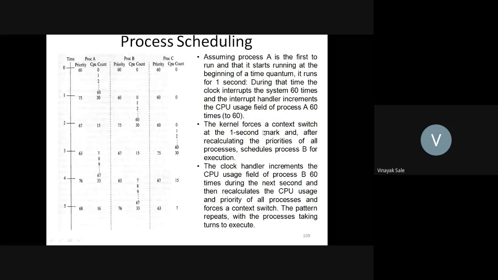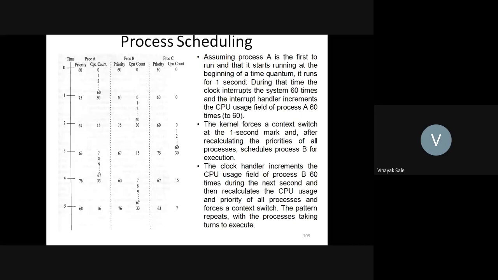Assuming that process A is the first to run, that it has the highest priority, and that it starts running at the beginning of a time quantum, it runs for a second.